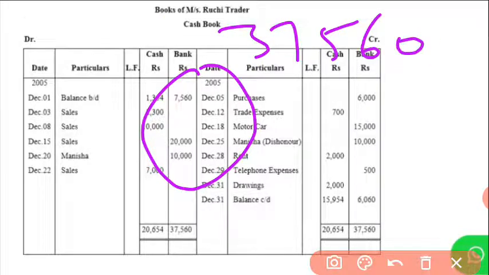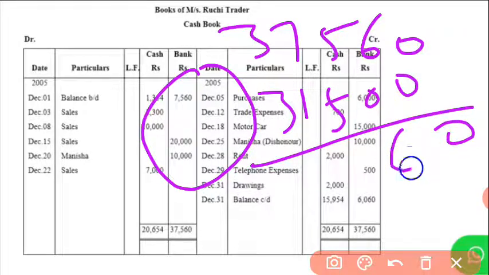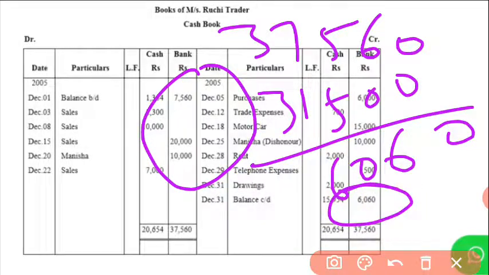So I think the credit side is greater, so we have to sum up the less, credit side is less, so we will sum up now credit side. So the sum of credit side is 31,500. Okay, now I will subtract it, 6,060, it is our answer I have written here.